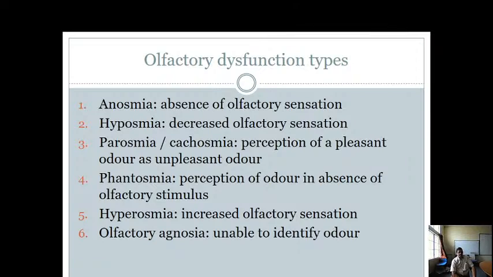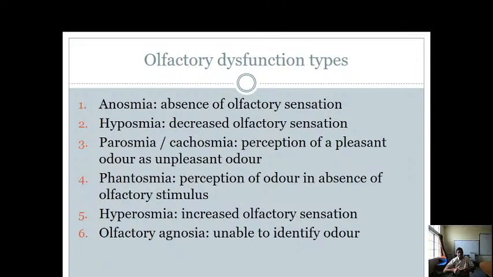the olfactory sensation. Hyposmia is decreased olfactory sensation, that means only part of the sensation is felt. Parosmia and cacosmia are the ones where there is an altered sensation, a perception of a pleasant odor as an unpleasant odor. That is called parosmia, altered.